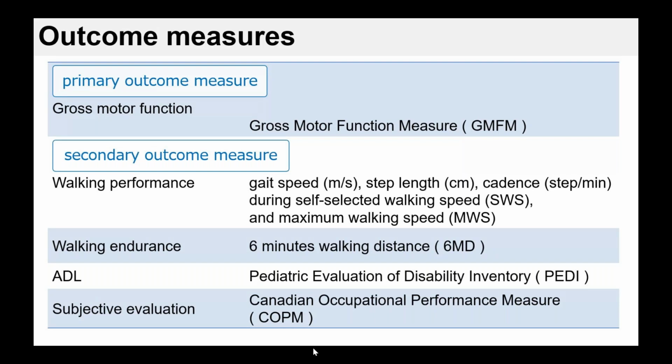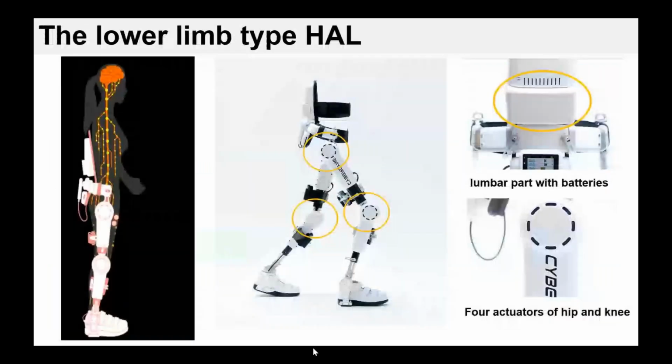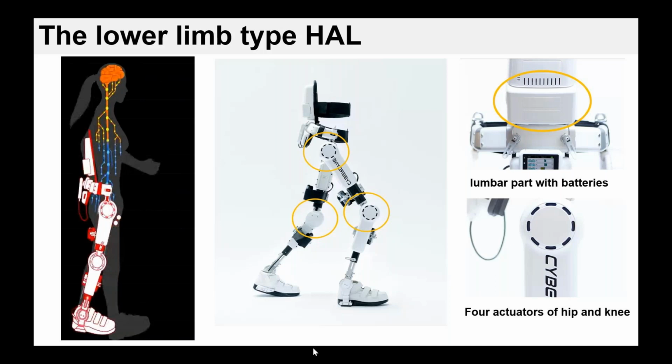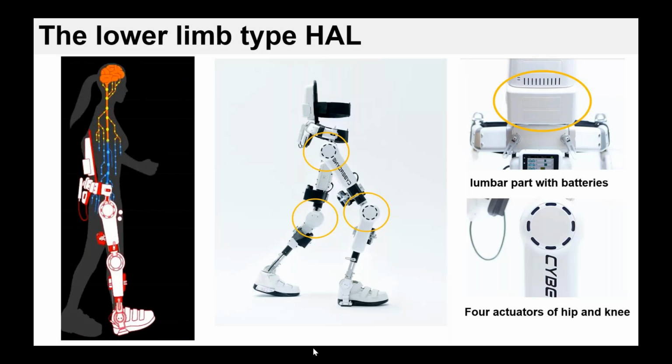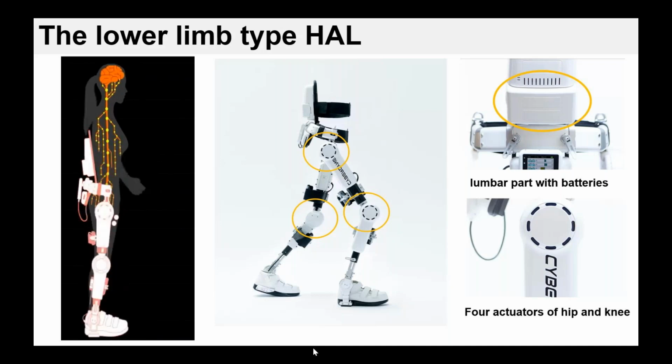For the training, we utilized the lower limb type HAL size S, which consists of a lumbar part with batteries, 4 actuators at the hip and knee, and an integrated exoskeletal frame from the feet to the waist.